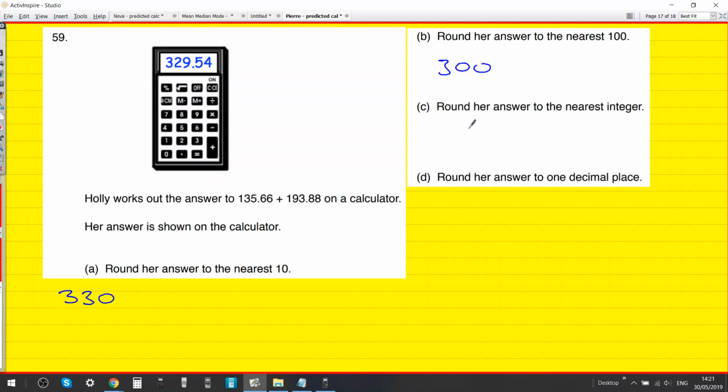Would that be 300? No, it's rounding to the nearest whole number, so like rounding to the nearest 1. All right, so 330. Yeah, tricky one.